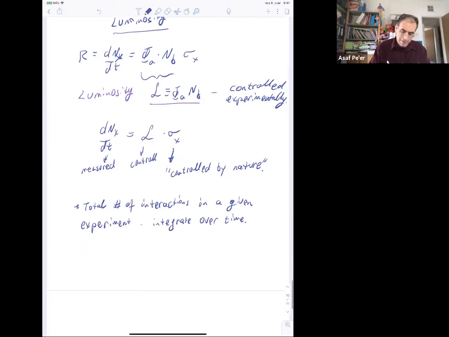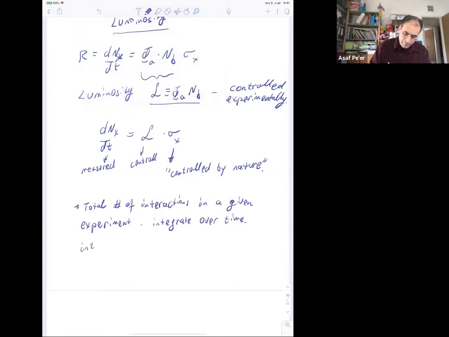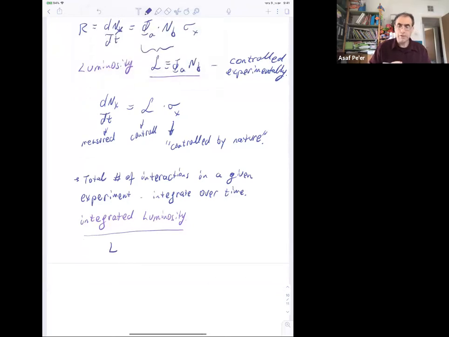So that gives us the integrated luminosity. L, let's now write this regular L, is just the integral of the curly L times dt.